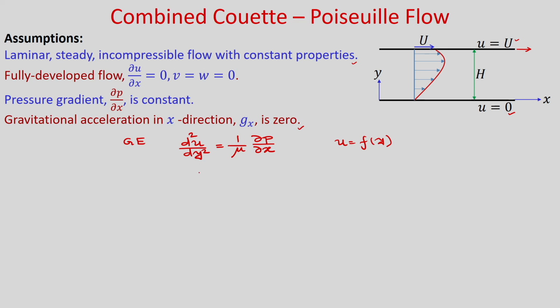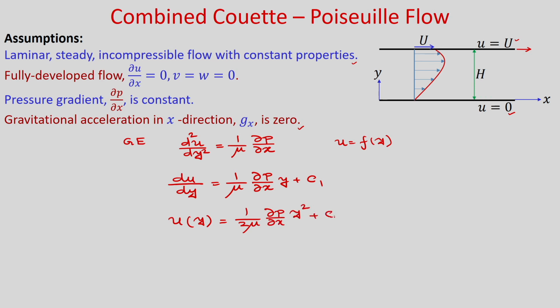Now, if you integrate twice, then you will get the velocity profile. So, if you integrate this differential equation, you will get 1 by mu del p by del x y plus integration constant c1, and again if you integrate, then you will get the velocity profile u(y) equals 1 by twice mu del p by del x y square plus c1 y plus c2.